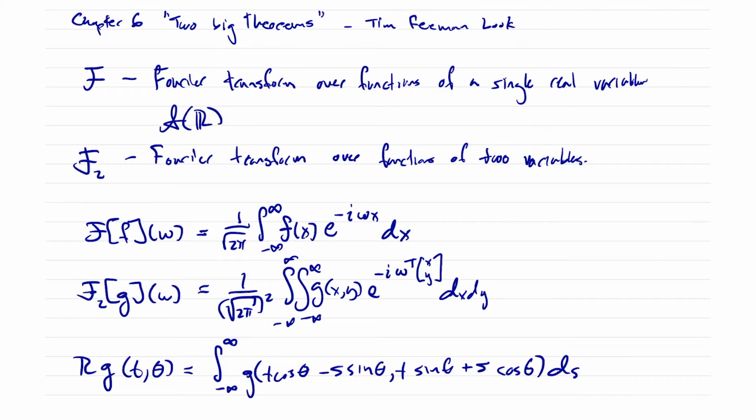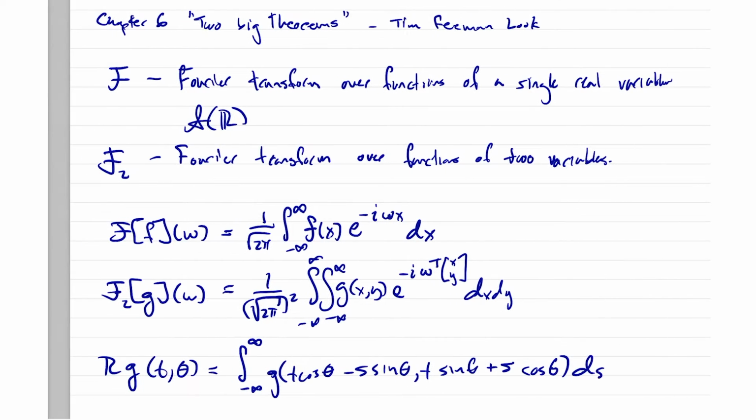Right. So these are the three transforms that we are working with, and the idea is that we would like to see how they are intertwined so that we can possibly exploit them in order to invert the Radon transform.